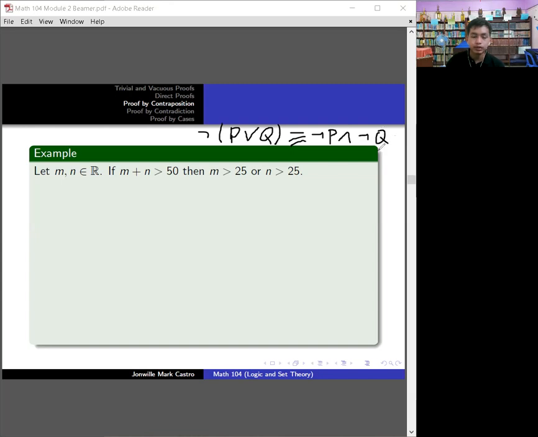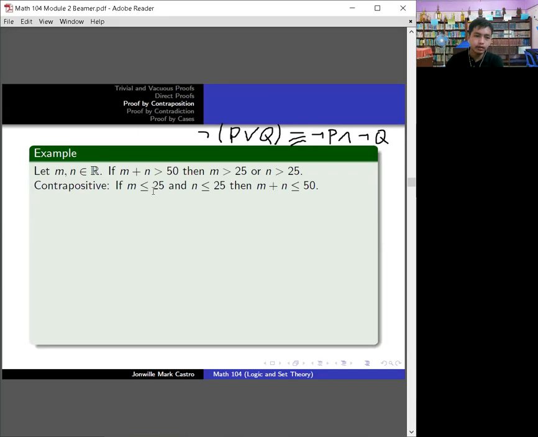So ito yung De Morgan's law. So take note niyan na kapag nag-negate ng P or Q, magiging not P and not Q. Ganun din kapag not P and Q, magiging not P or not Q. Okay.